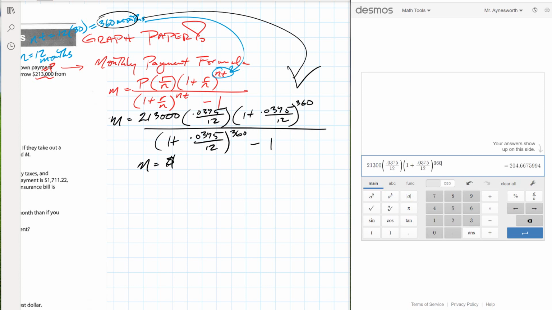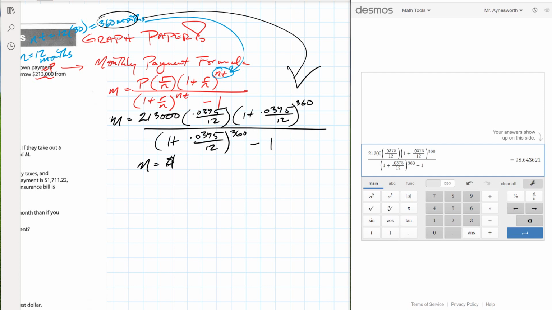Raise that to the 360th power. Get out of the exponent before you divide, and then divide it by 1 plus 0.0375 divided by 12. Same thing. And then I'm going to raise that to the 360th power as well, because 30 years is 360 months. Get out of the exponent before you subtract 1.